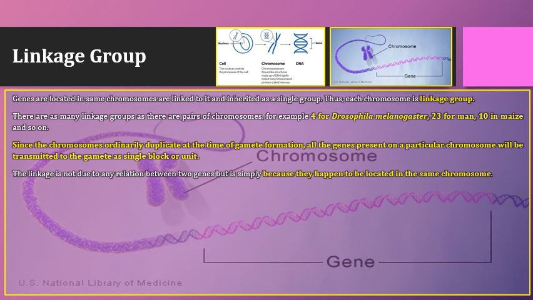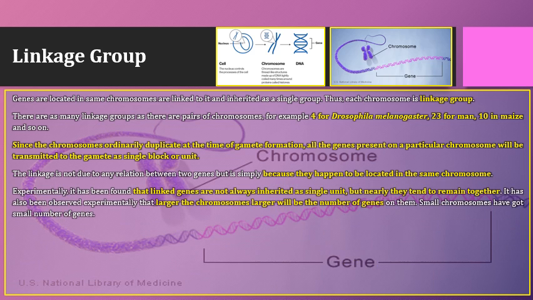The linkage is not due to any relation between two genes but is simply because they happen to be located in the same chromosome. Experimentally, it has been found that linked genes are not always inherited as a single unit, but they tend to remain together.